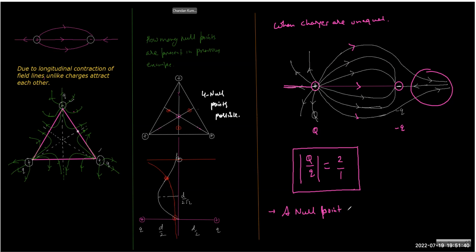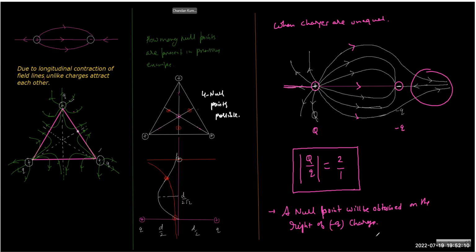Okay. So a null point will be obtained on the right of the negative charge. To draw it better, as you go away from the axis line joining the charges, you must make the separation bigger and bigger.